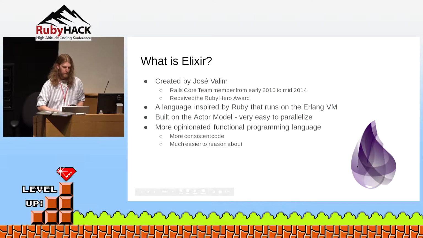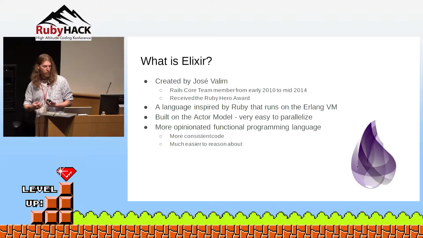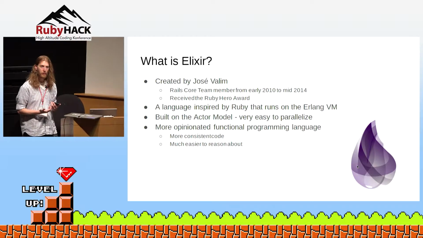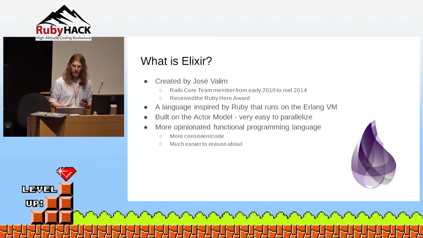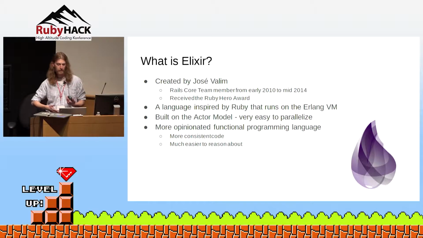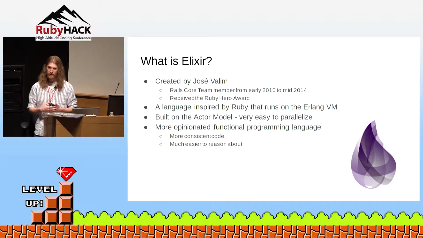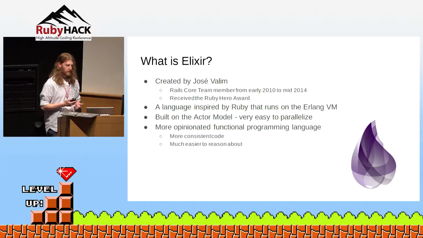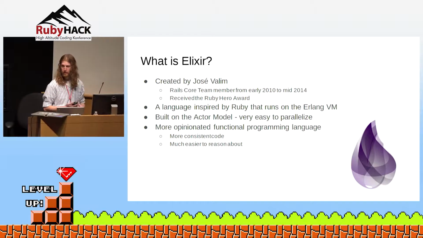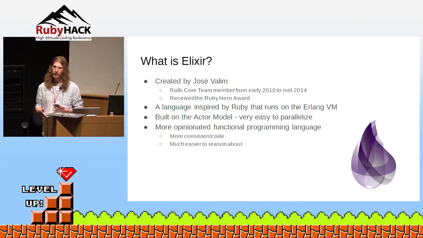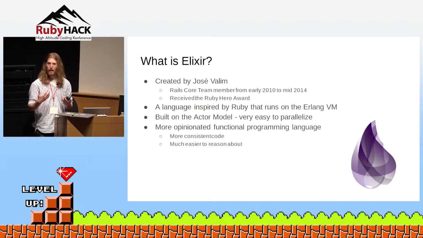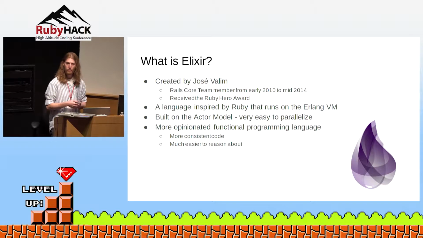Okay, so Elixir is more opinionated about how you write it, which can be good and bad. It definitely leads to more consistent code that, in my opinion, is much easier to reason about, but obviously you lose a lot of flexibility. I tend to think of this as more of a good thing when I'm working with large teams and I'm reading a lot of code versus writing.